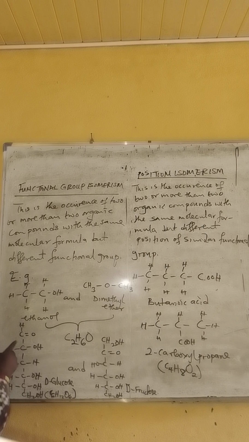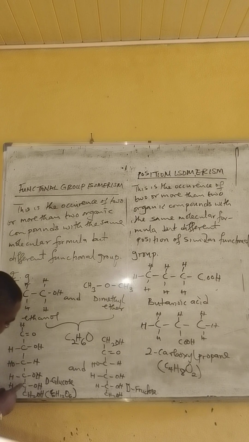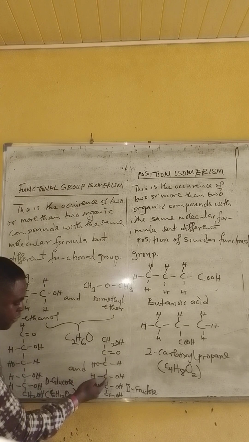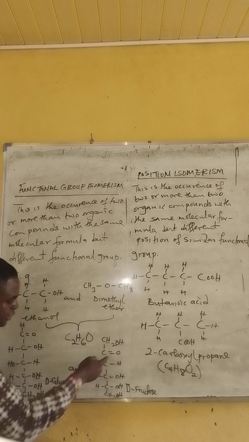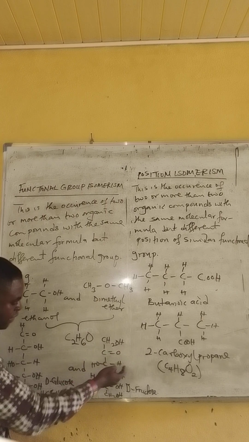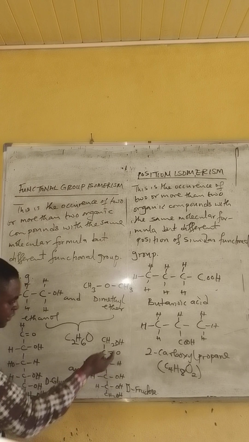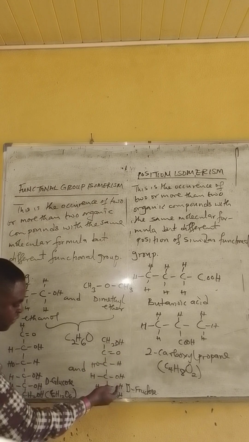Let's count. 1, 2, 3, 4, 5, 6. C6, H 1, 2, 3, 4, 5, 6, 7, 8, 9, 10, 11, 12. Then O6, 1, 2, 3, 4, 5, 6. The same thing. C6, H12, O6.